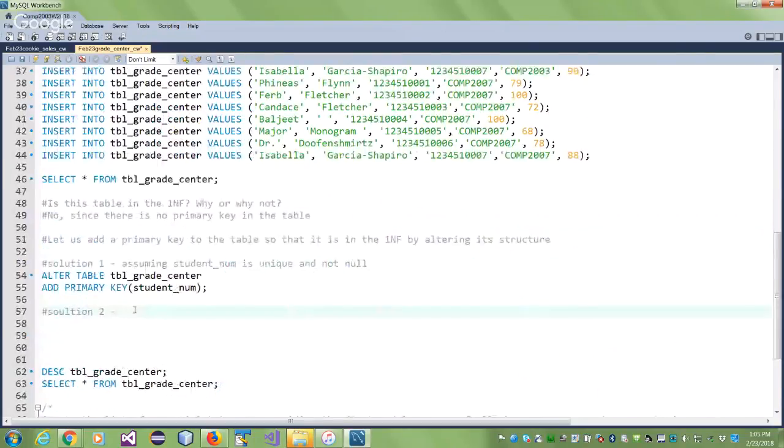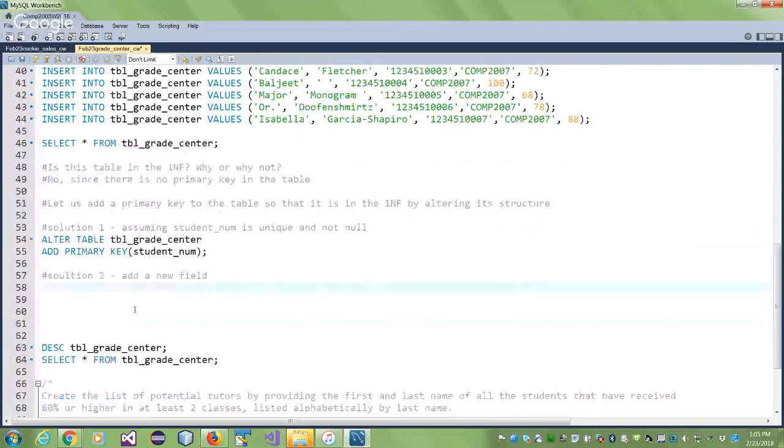Or when you have no clue, then you add a new key, add a new field. Now think about it. I'm going to add a field. This field has to identify each record, ones that are already present and ones that will be added. It must be unique also. Then the only option that is left with you is what?